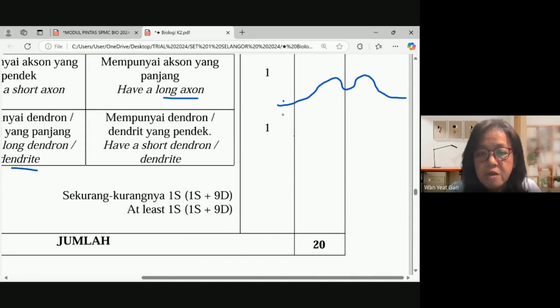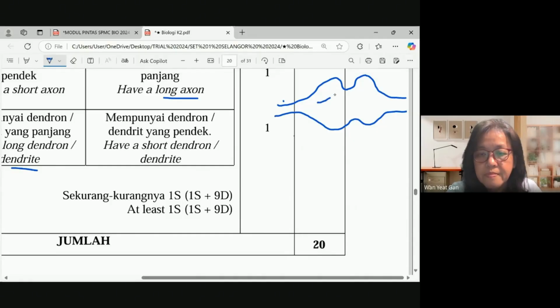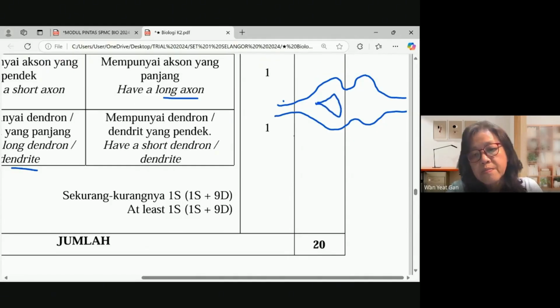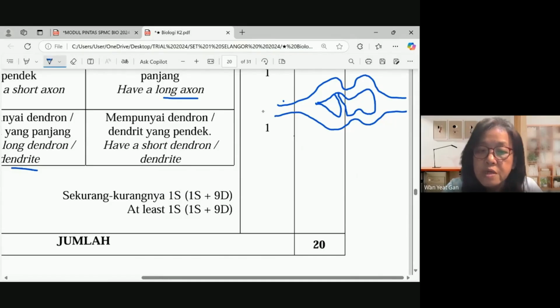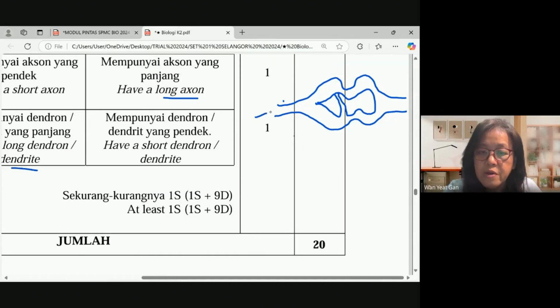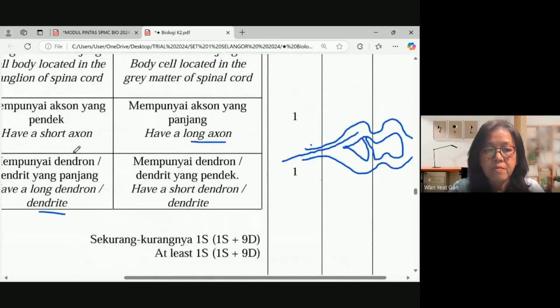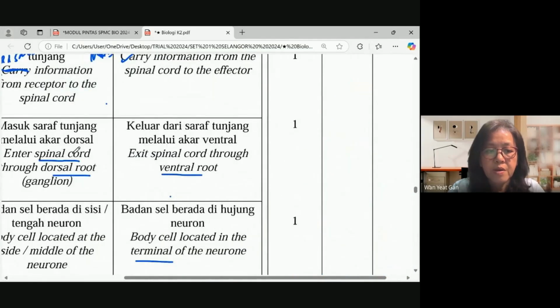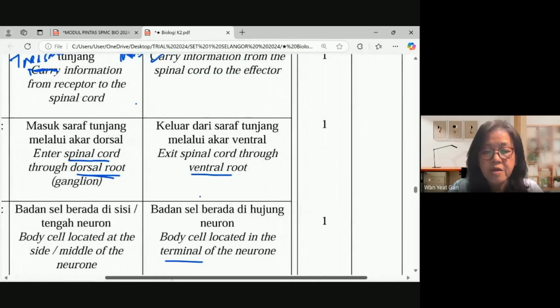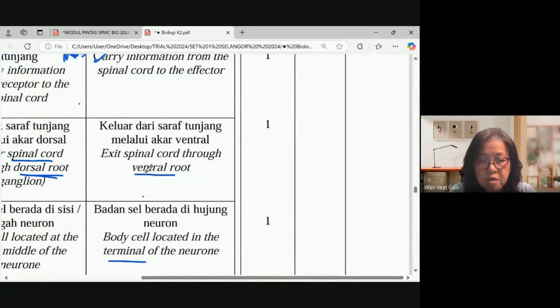Okay, I draw again the spinal cord. So the sensory neuron enters into the spinal cord through the dorsal root, while motor neuron exits through the ventral root.